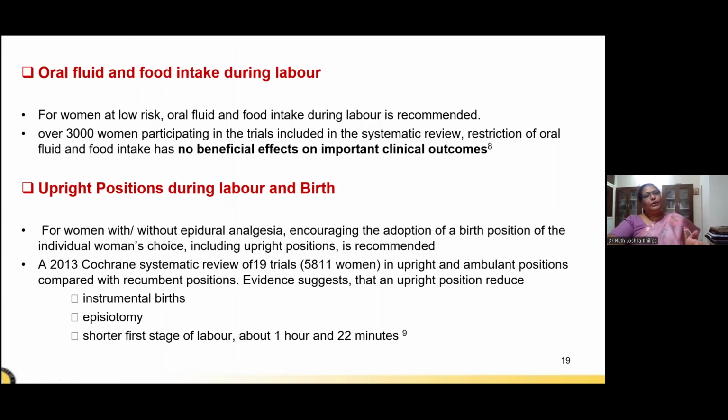Their labors are going to be 1 hour 20 minutes shorter than the women who give birth in recumbent or non-upright positions, right? They also contribute to lower rates of instrumental births and episiotomies in these women. So in midwifery, we encourage women to be upright, to be ambulatory throughout her labor and birth, and we have certainly seen these things happening right in front of our eyes.